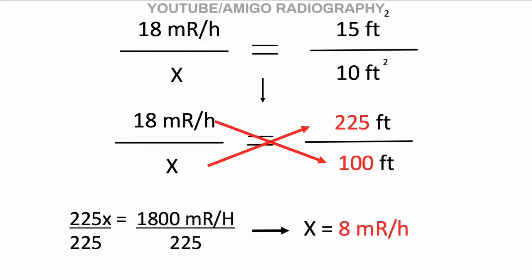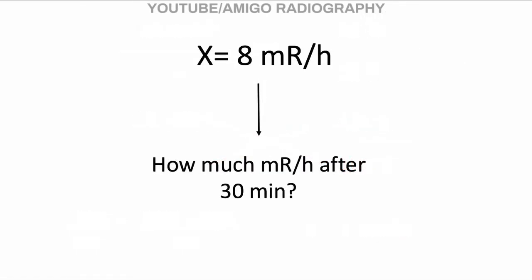I went ahead and worked out most of the math. If you are not 100% clear of how I got these answers, I highly recommend going back through the inverse square law videos 1 and 1.2. As you can see here, our multiplication shows us that x equals 8 milliroentgens an hour.